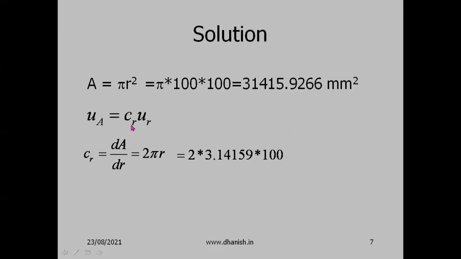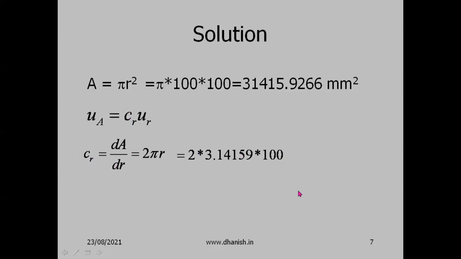So we are determining the uncertainty in area from the uncertainty in radius and the sensitivity. That is where the C comes from, the coefficient of sensitivity. If you make a small change in radius, what will be the change in area? How sensitive is area to a change in radius?